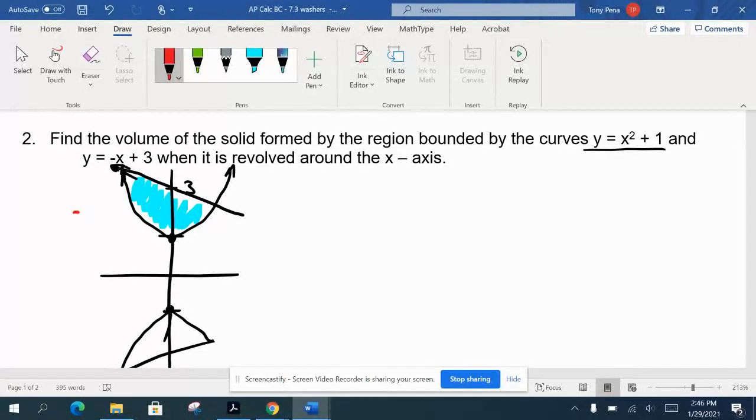We have these rectangles in here that are getting rotated, so let's draw one of them in. Rotate that rectangle around the x-axis, and what happens is the top, which is really just the line, creates this big circle. The bottom of the radius here creates the inner smaller circle, and we end up forming our washer in here.